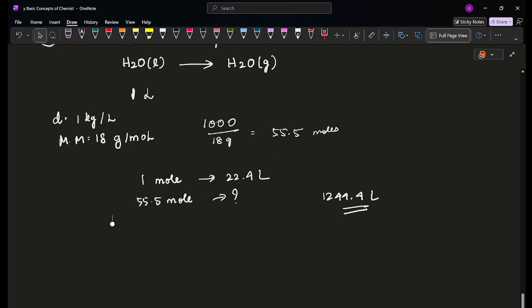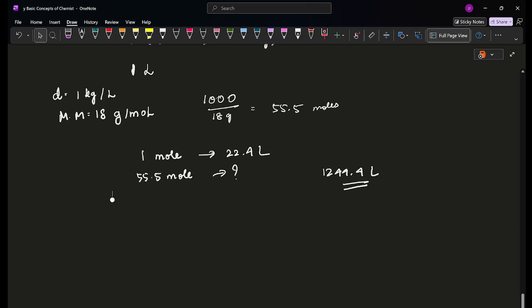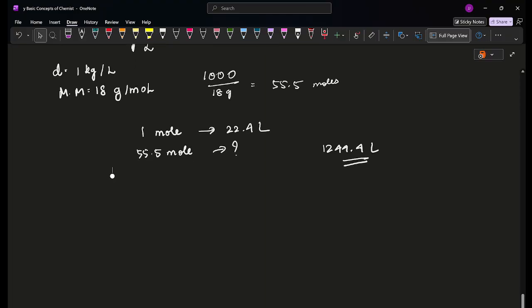But okay, let's move on to the next question, which is gram equivalent volume. It's a live question. Of O2 at STP.